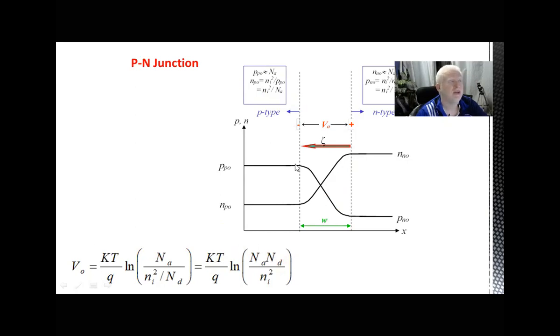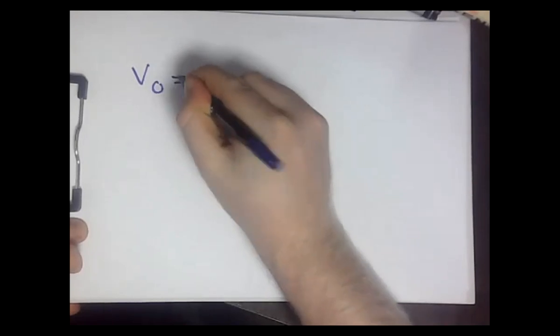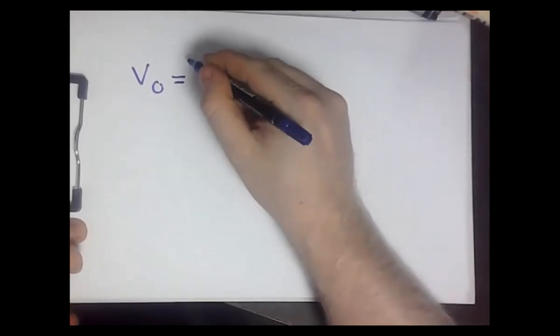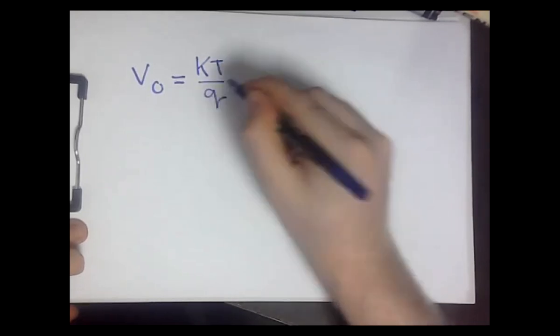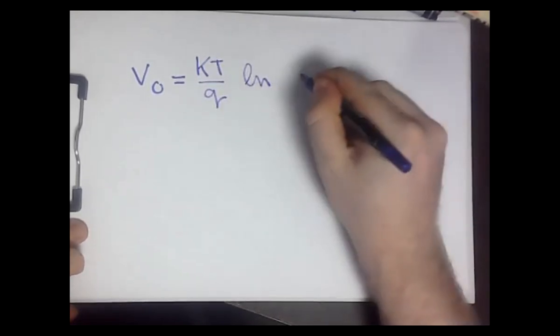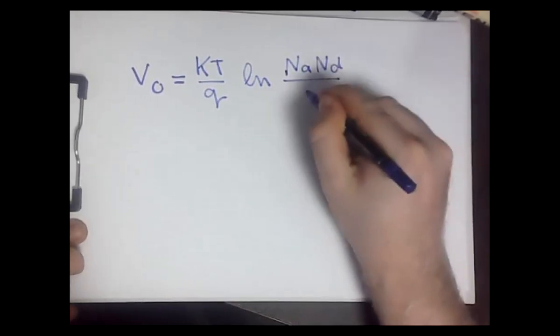Maybe I can rewrite it for you now on my simple whiteboard. So now V node, which is the built-in potential, is equal to kT over q ln of Na Nd over Ni squared.